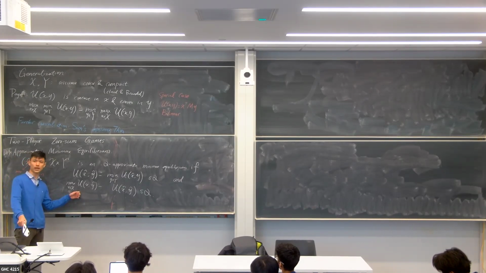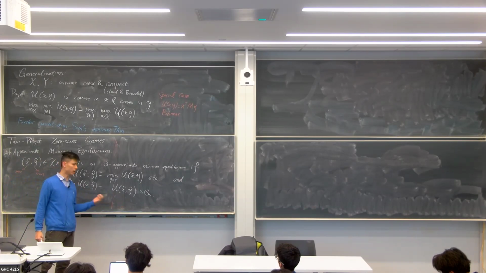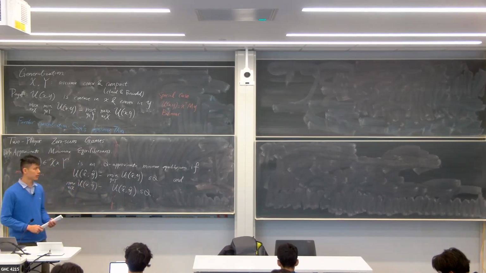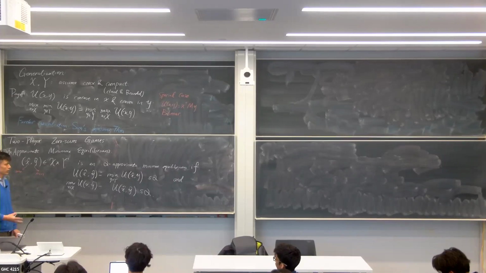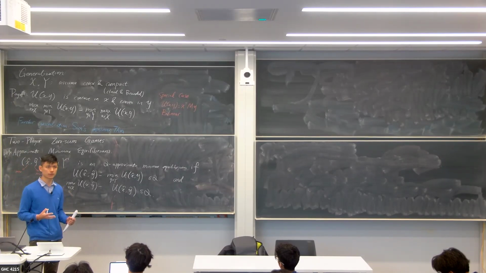Knowing that you will play y hat, I will take the best response against you to get the most money. But this inequality says you won't get much beyond what you already had. You won't get more than alpha. So this is the usual game theoretic interpretation of these results.